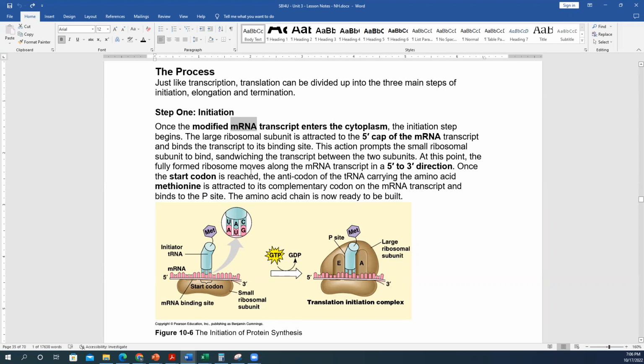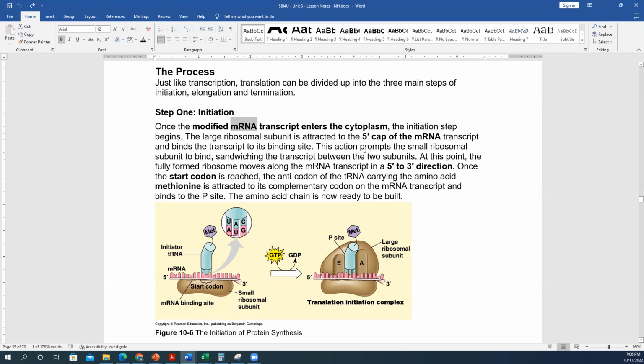And in this step, the large ribosome subunit that is free, is not bound to the small subunit at this point, the large subunit becomes attracted to that 5' cap of the mRNA and binds the transcript to its binding site on the ribosome.